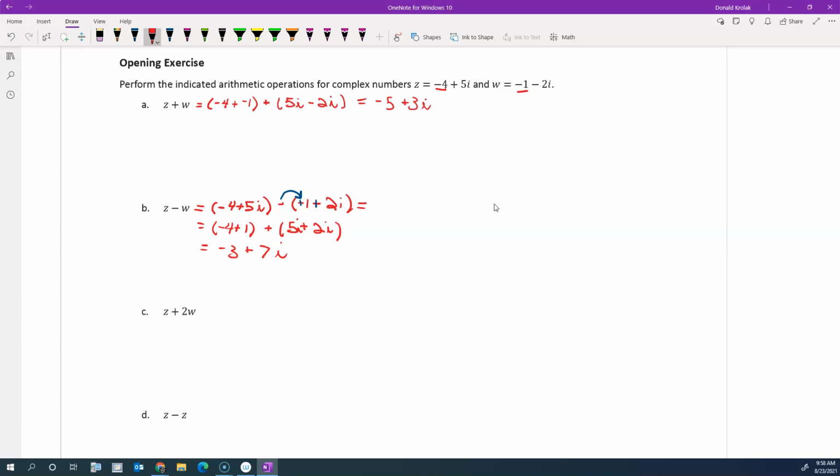Now what we're going to do today is these same problems, but do it geometrically. How would you add and subtract them geometrically? All right, let's see, z plus 2w. So I got z, -4 plus 5i, plus 2w. So that's a scalar multiplier. It's going to make this twice as long.